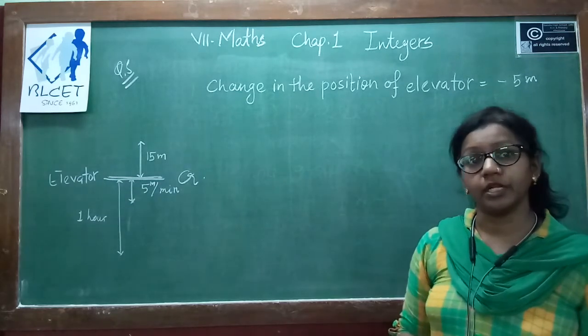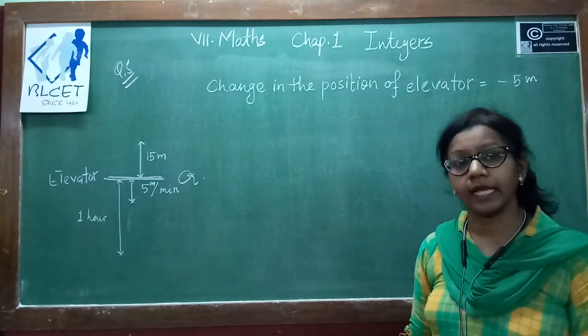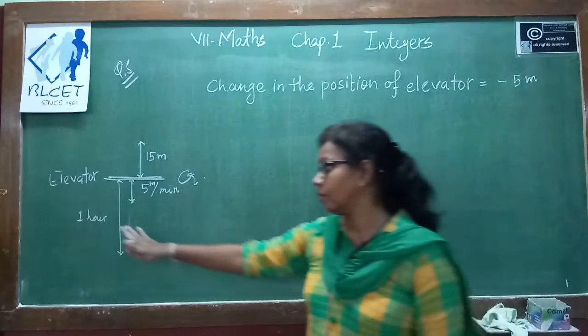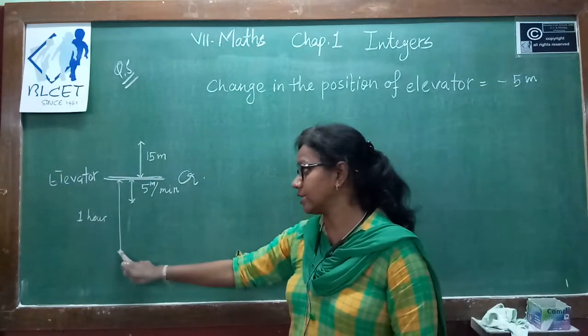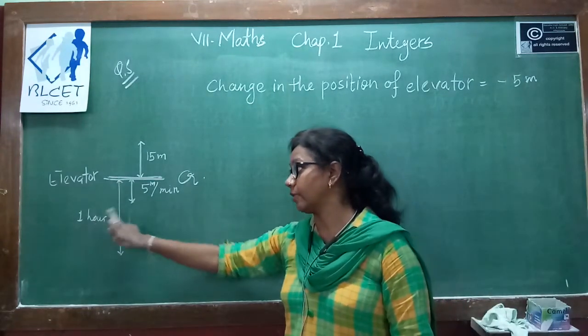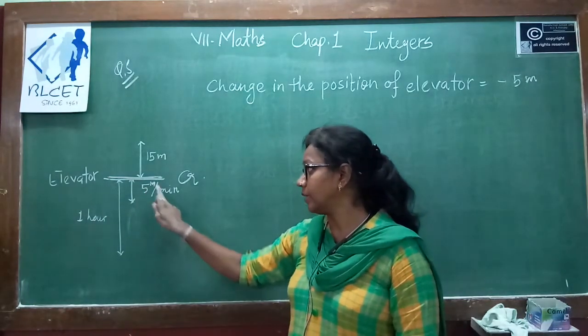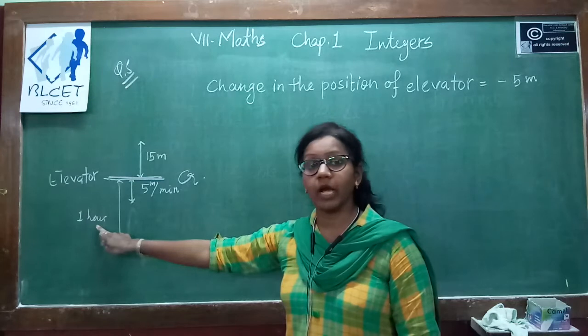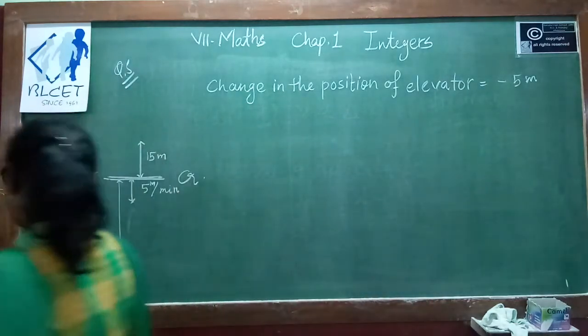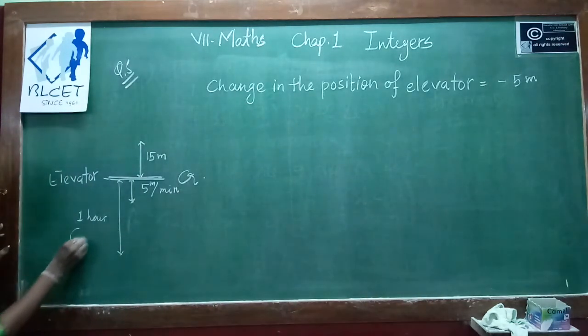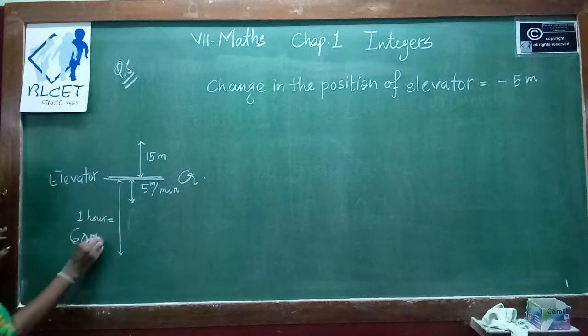Now what is the question? How much distance can it cover within 1 hour? We know it covers 5 meter per minute, so 1 hour we have to convert into minutes. 1 hour you can write as 60 minutes.